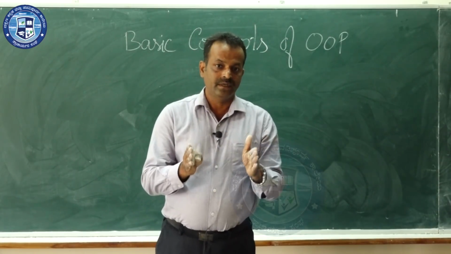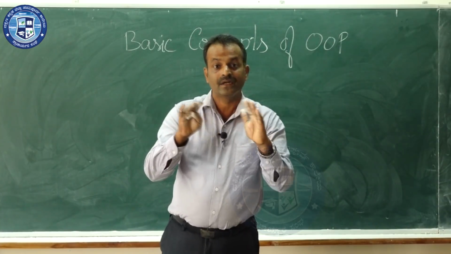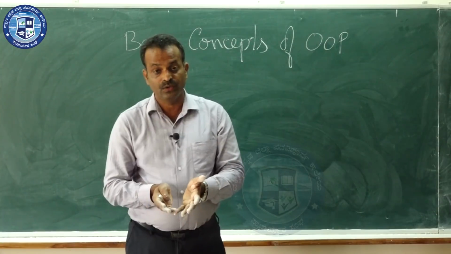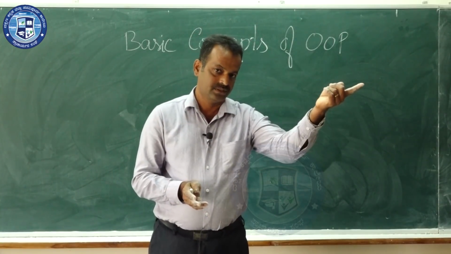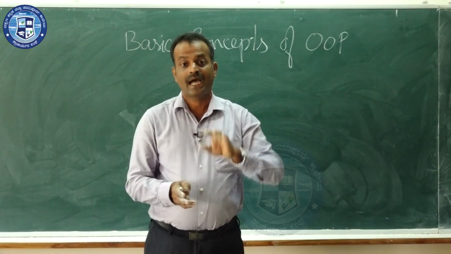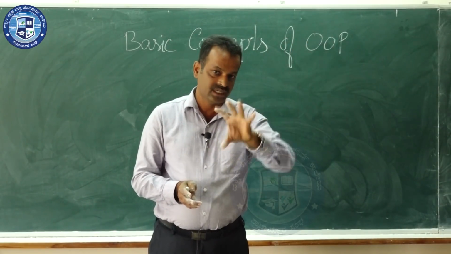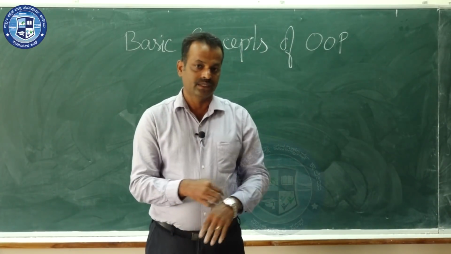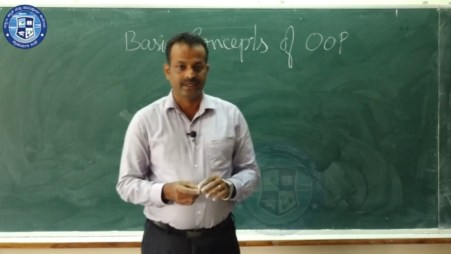So in inheritance you are going to create a new class from the existing class, so that the new class has the properties of the existing class, plus it can have its own properties. That is called inheritance.